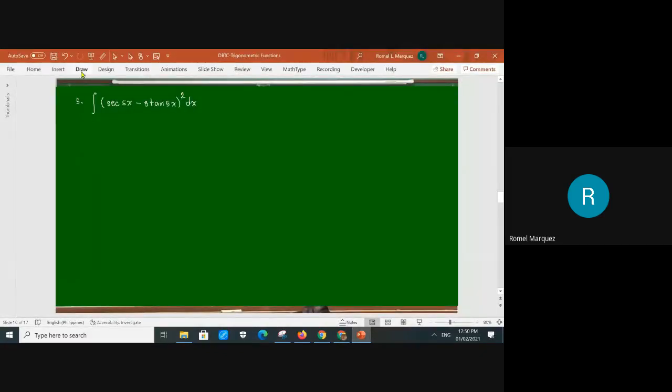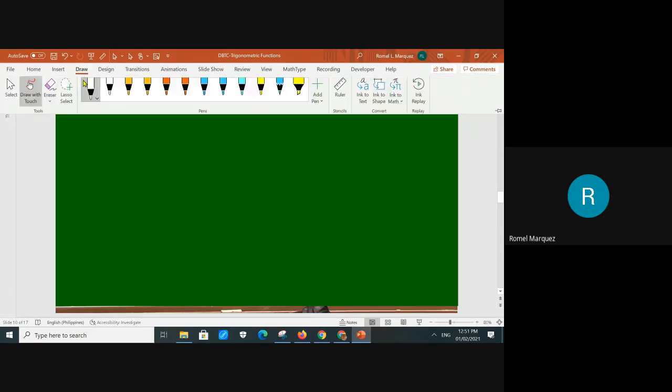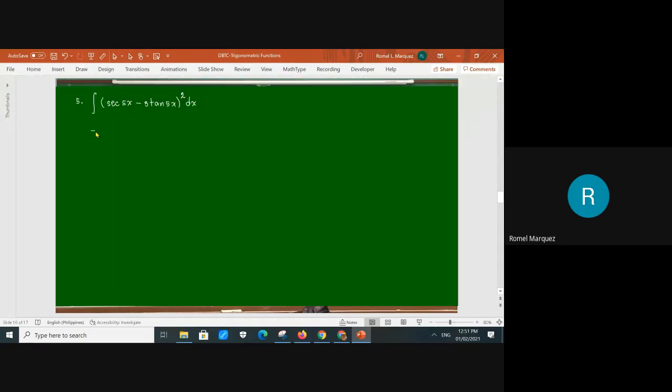What is the first thing to do here? Can we apply immediately integration by trigonometric formulas, guys? Or we need some algebra here? We need to expand first the integrand, right? Because if I take the whole thing as u, then there is no differential that we can have inside, no?